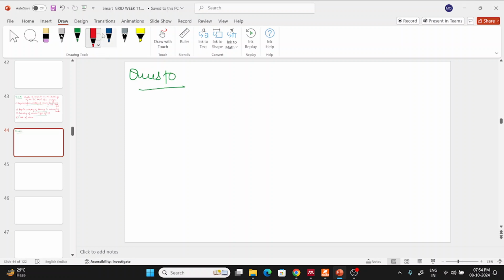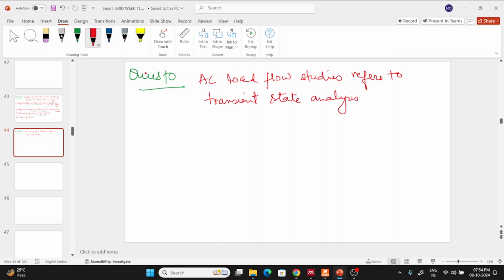Question number 10. A: AC load flow studies refers to transient state analysis of power system.